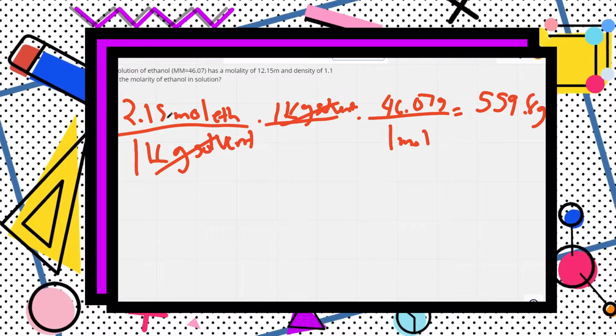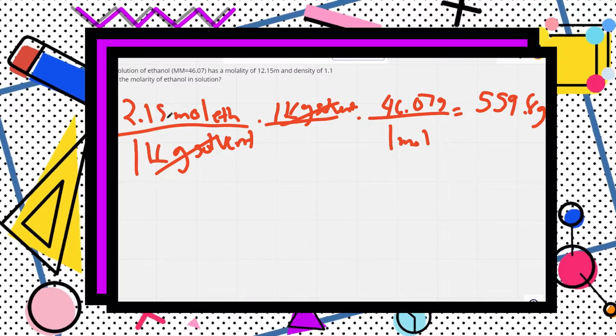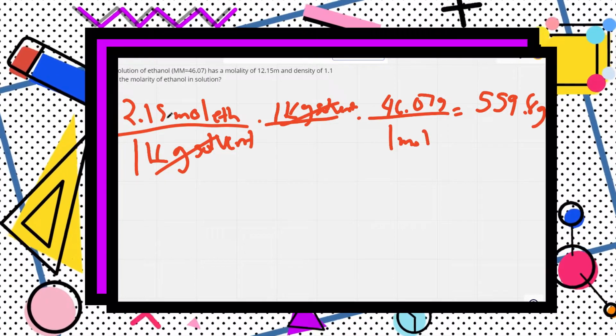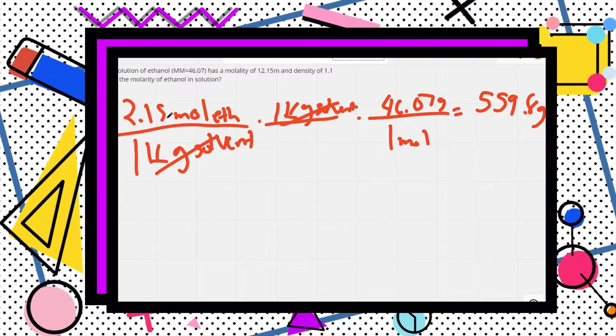Now, if I just determine my mass of ethanol here, and we understand with molality that we have 1 kilogram of our solvent, right? That means that if I add my ethanol and my solvent together, that will give me my mass of solution.